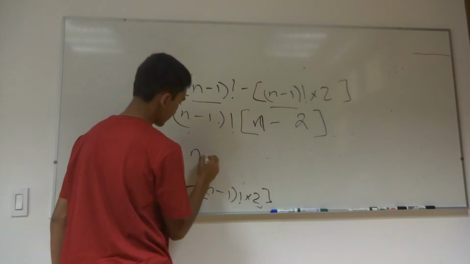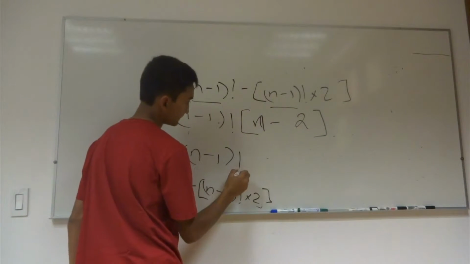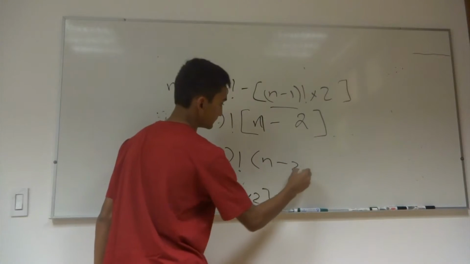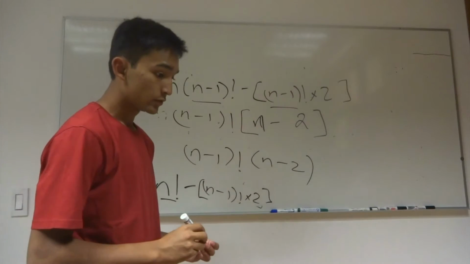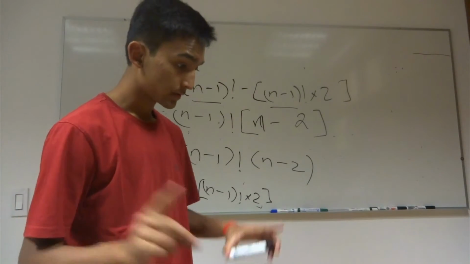Basically you land up with n minus 1 factorial times n minus 2. Easy. This many ways of arranging the books when two particular books can't be together.